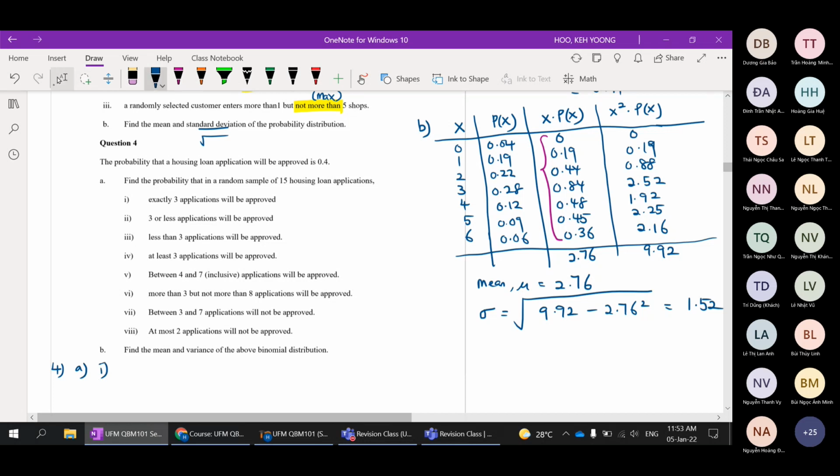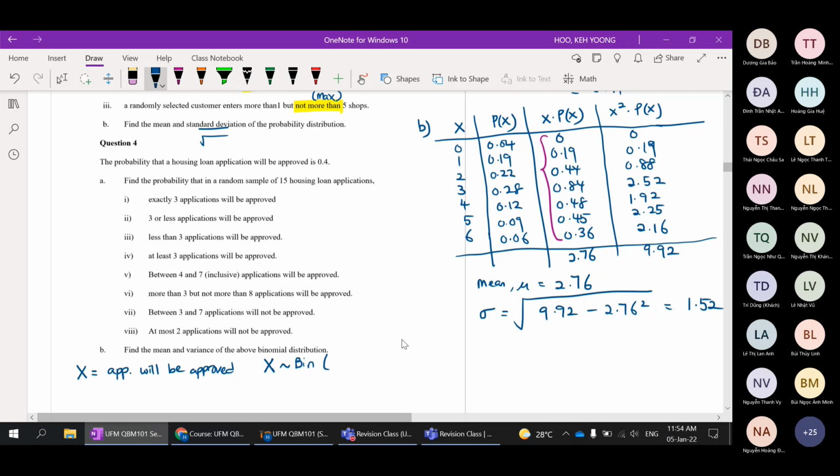Before that, let's write down what information we have. Let X be the number of applications approved. X follows a binomial distribution. Why does it follow a binomial distribution?